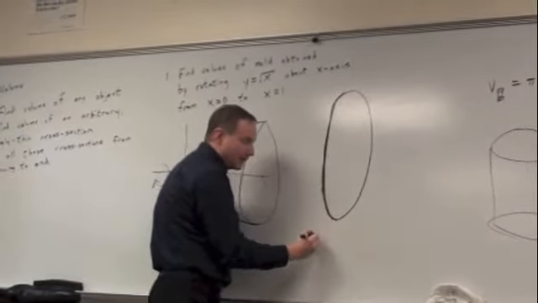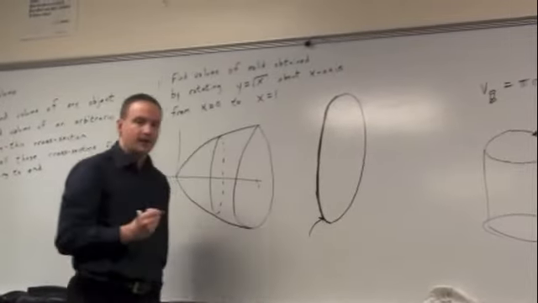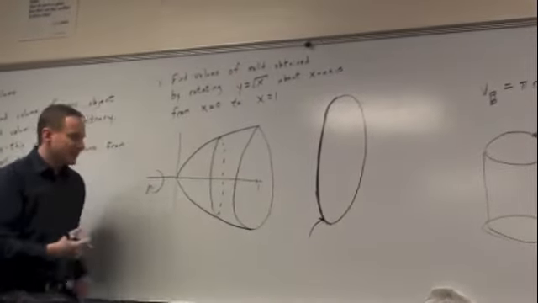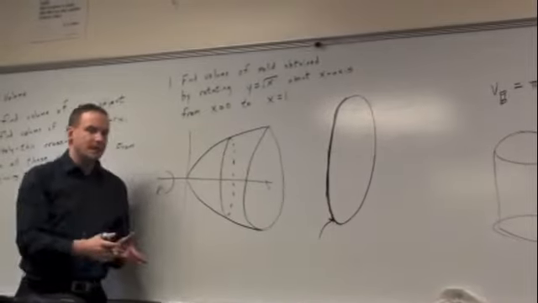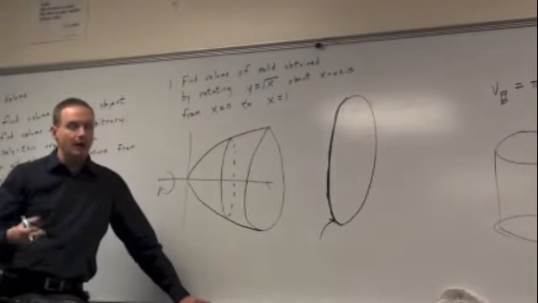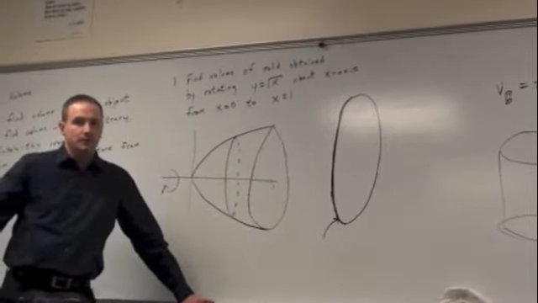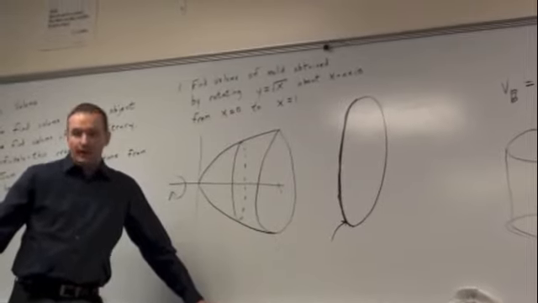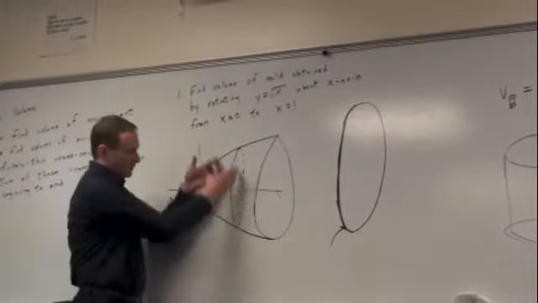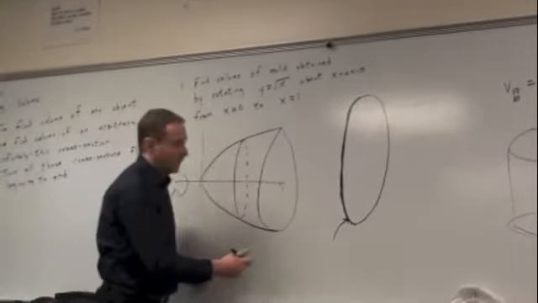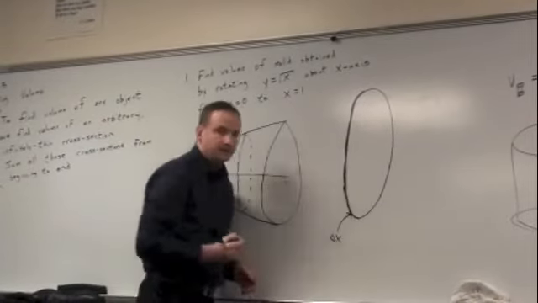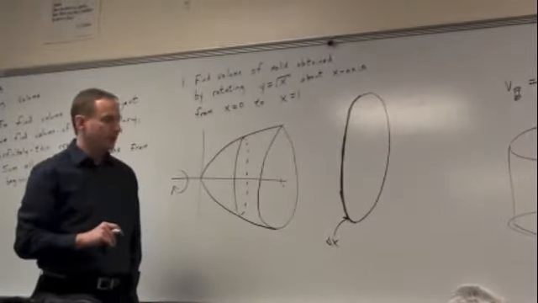Now, if I ask you to label the thickness of any cross section, is it going to be a change in y or a change in x? Excellent. It's a change in the x-axis, so that's delta x. We'll get back to that.